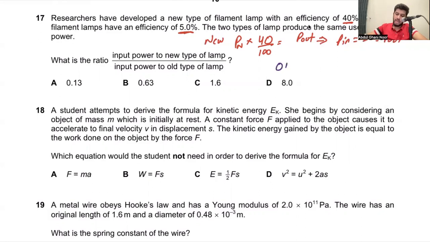Similarly, for the old type of lamp, which was only 5% efficient, P in multiplied by 5 upon 100 is equal to P out.